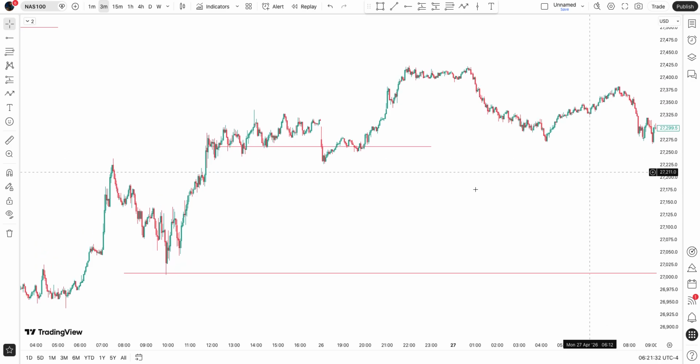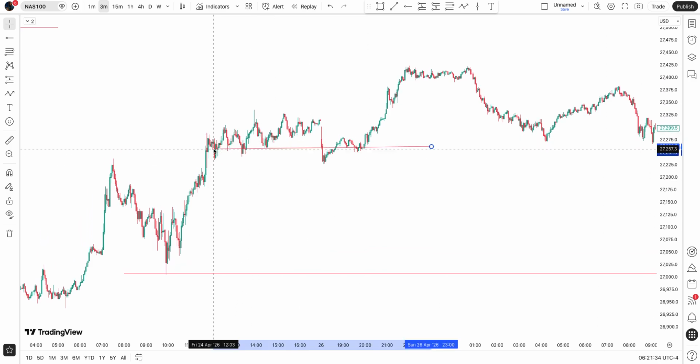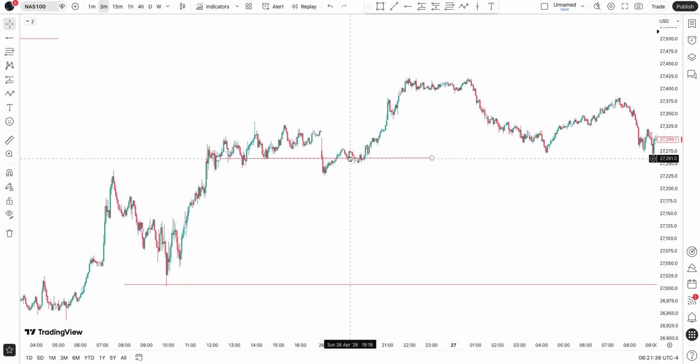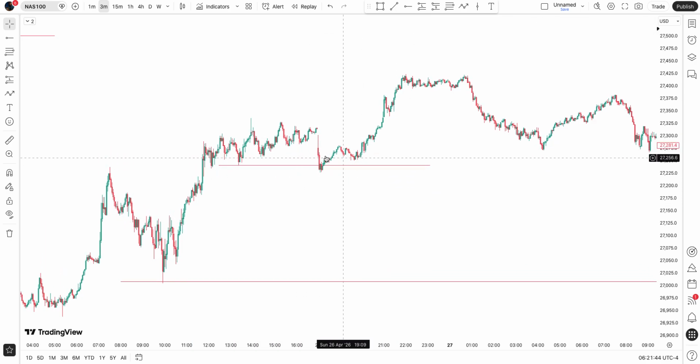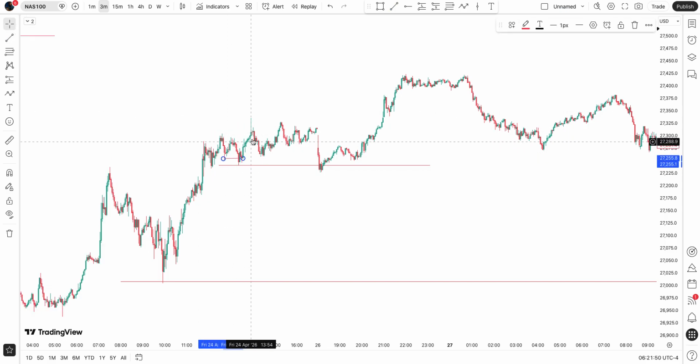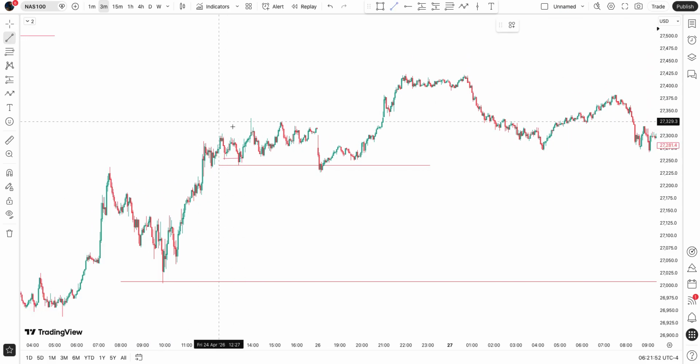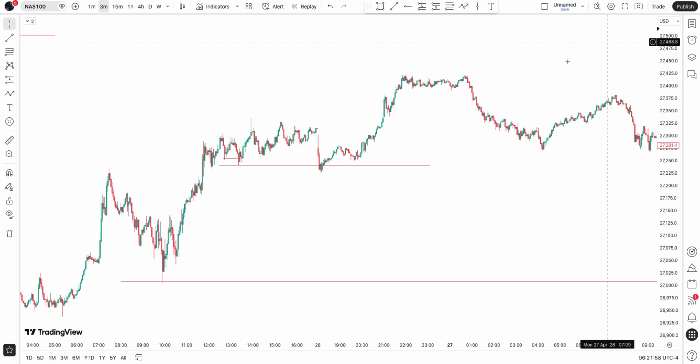You can see the first time price came to this, we can adjust this a little bit on lower time frame for it to make more sense. If you just leave it here, you can see that price was choppy around here, and there was no displacement. Look at the highs. It won't look as if I just skipped this one. There was no displacement, so we're not going to take that one.